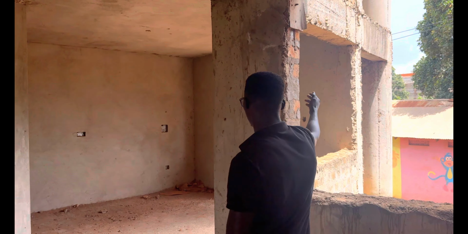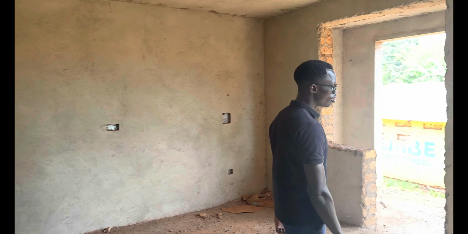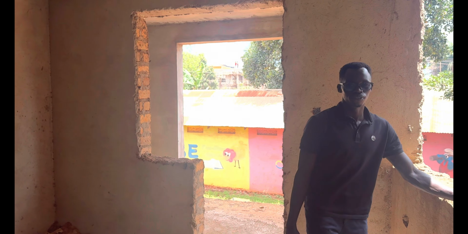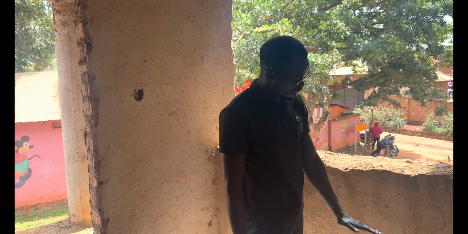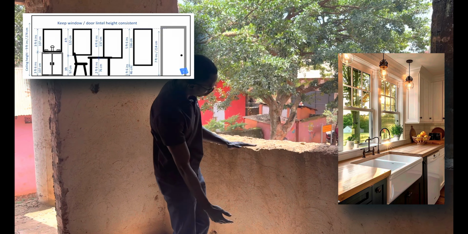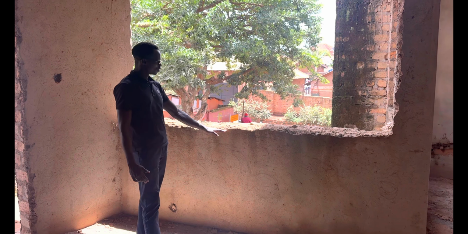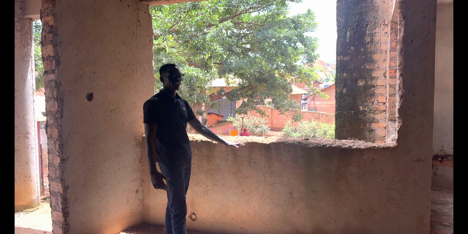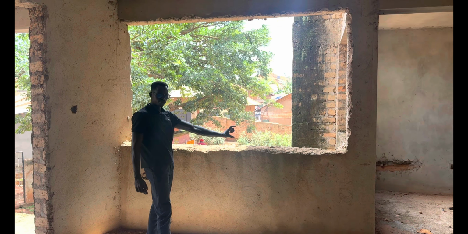Same thing applies to the kitchen. Now in the kitchen, what you have to look at is you do not have a lot of leverage when it comes to window sill heights, because counters are normally 900 from the front. So the least a kitchen window can be is 900 to allow for a backsplash.